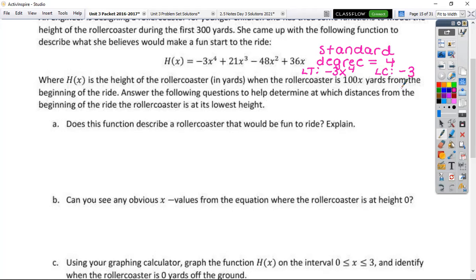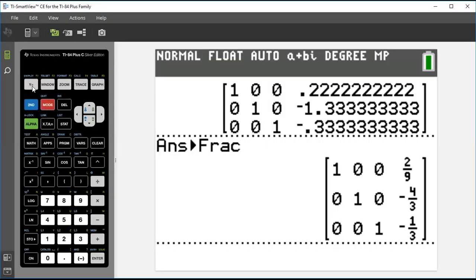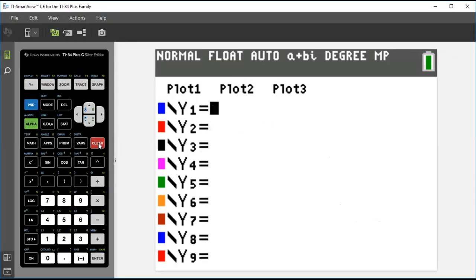Does this function describe a roller coaster that would be fun to ride? This is based on your opinion, if you like roller coasters or not. So what we're going to do is go right to the y equals of your calculator, and you're going to graph this. Based on your opinion, we can go either way with this. I want to see whether or not this is a fun roller coaster.